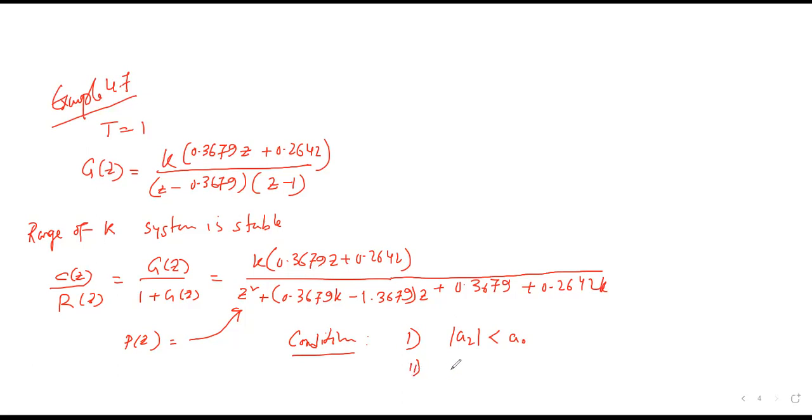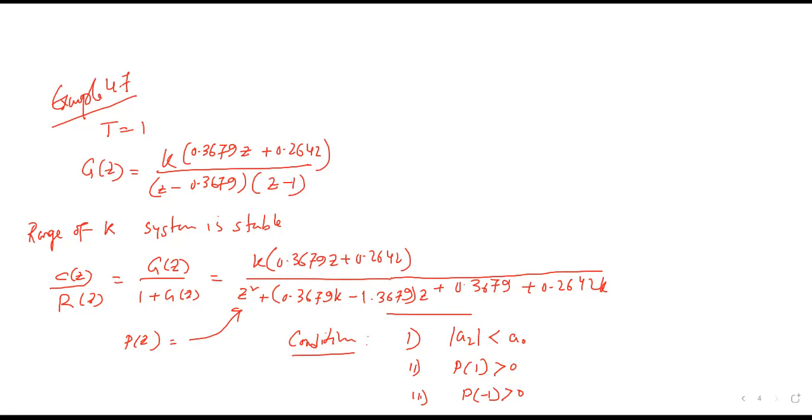Number two, P(1) has to be greater than 0, and number three, P(minus 1) has to be greater than 0, because n is even. So these are the three conditions that we have to apply on this characteristic equation.